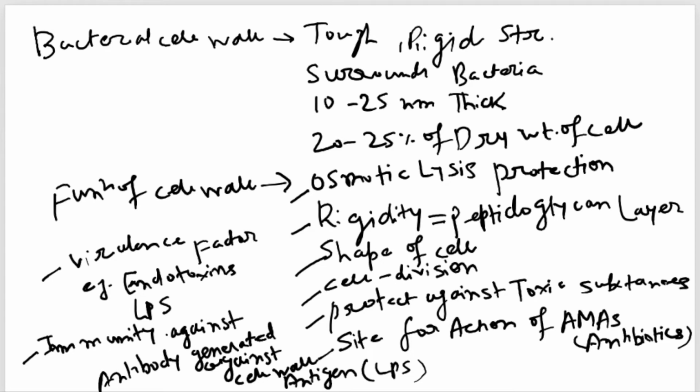We will see that. Now we will go to another slide and see one by one the gram-positive cell wall structure. Then we will see the gram-negative cell wall structure, and then we will discuss the difference between the two.